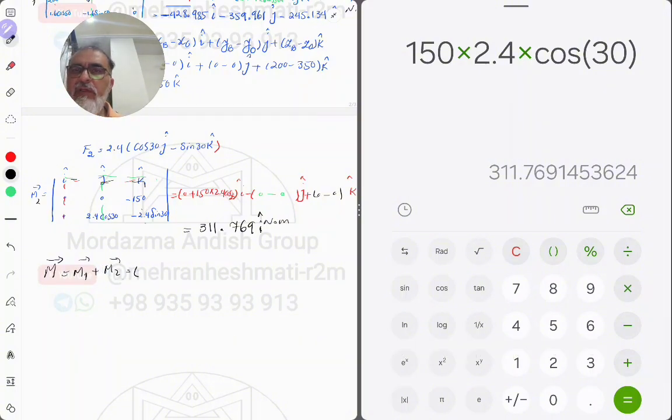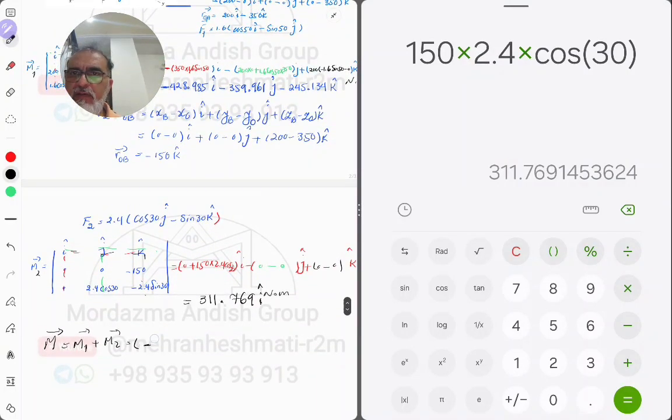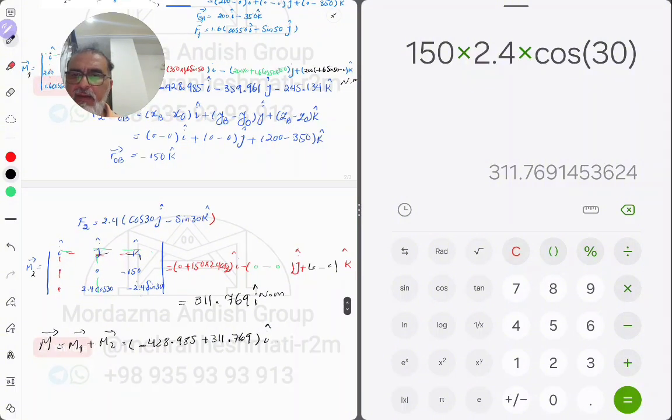So the result is minus 428.985 plus 311.769 i, minus 359.961 j, there is no need to use a bracket here, and minus 245.134 k.